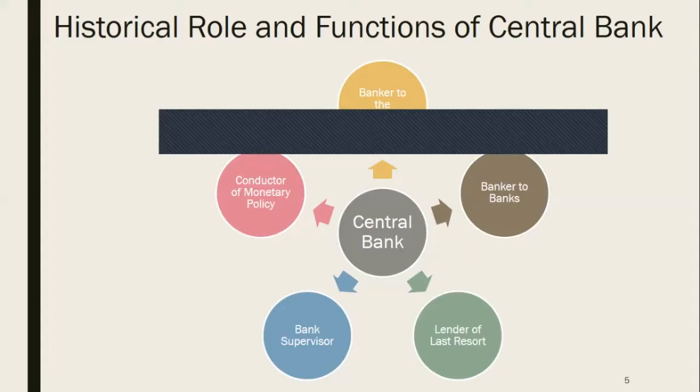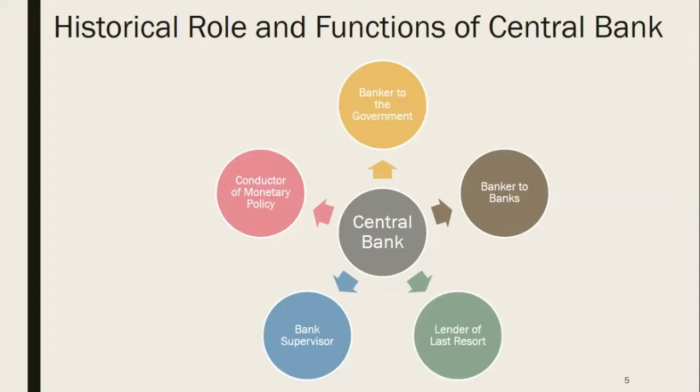This function was there to help finance government spending, especially the wars. At that time, it was the wake of World War I and World War II. So there were huge financial needs for the government. So the central bank had to help them finance these huge war spendings.